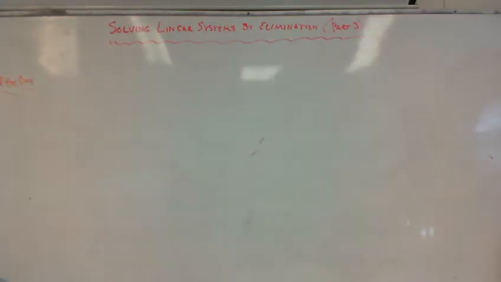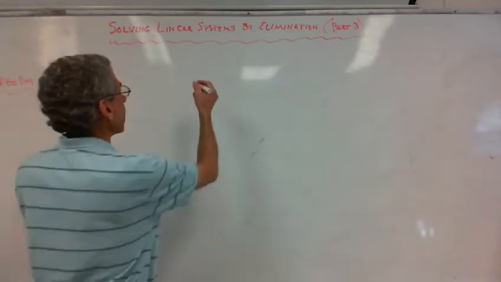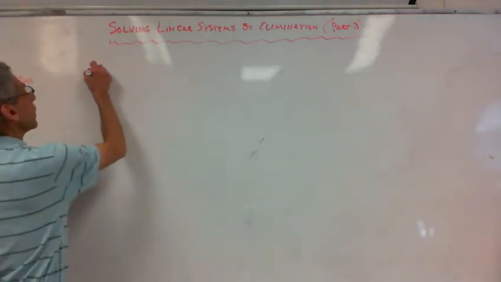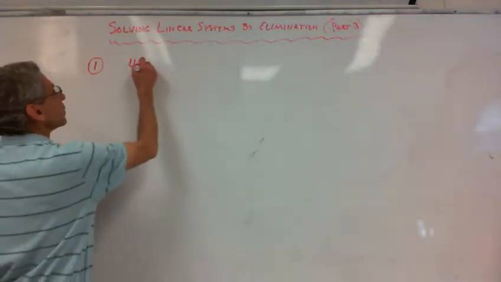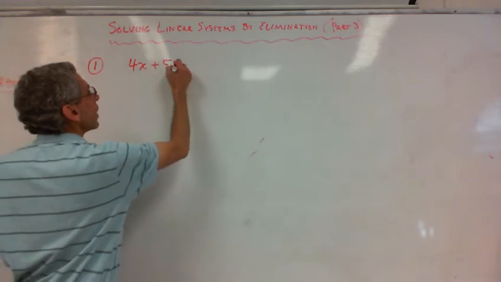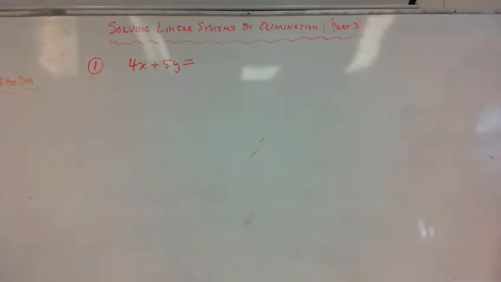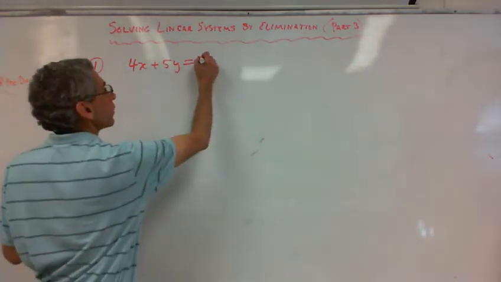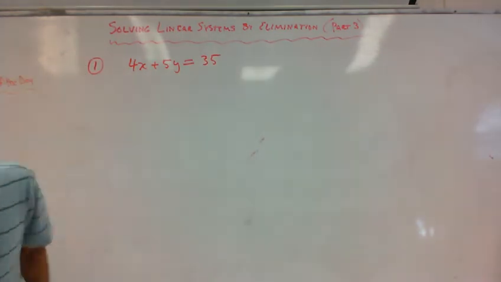So we have 4x, let me think about it. I gotta rewrite this. 4x plus 5y equals 35. So write this down in your notes. Gary, can I get another pencil?